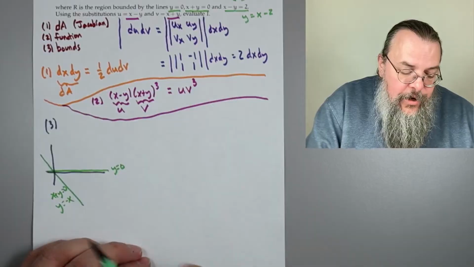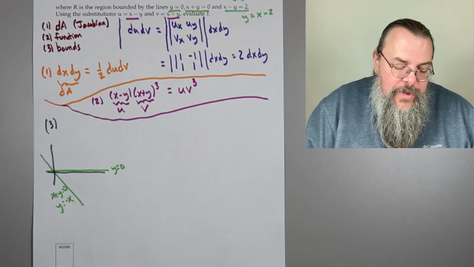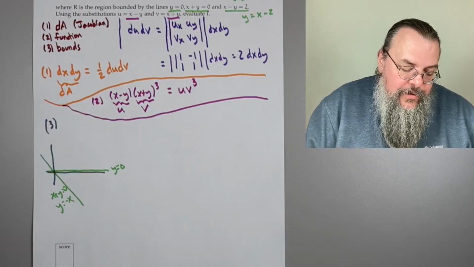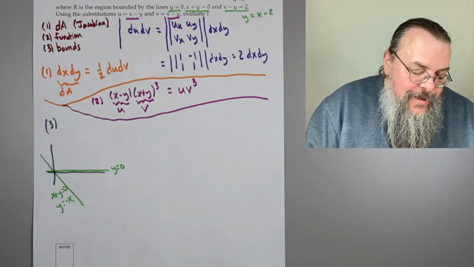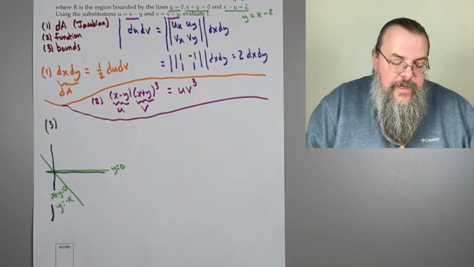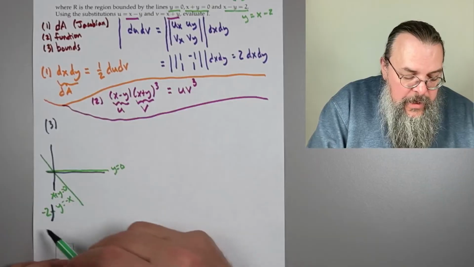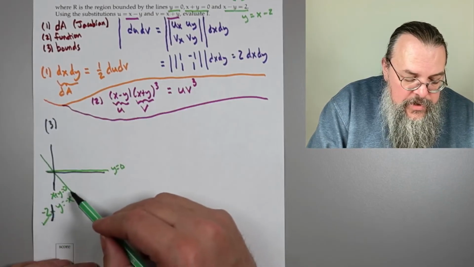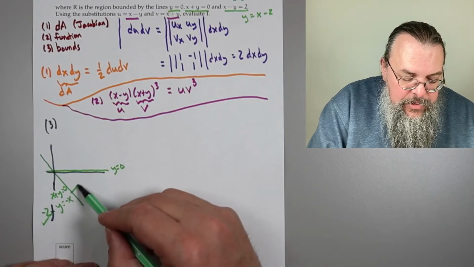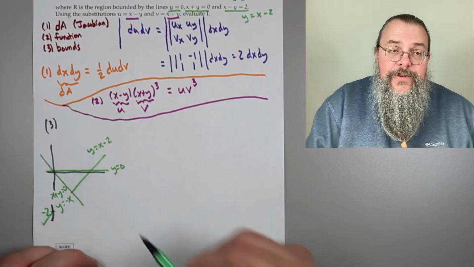And I can already see I made some bad choices. Well, okay, so what's going to happen here? If we were to come down, we're here at minus 2, and we have a slope of 1. So it's going to go through this text and then pick up again. So this is our curve y equals x minus 2.